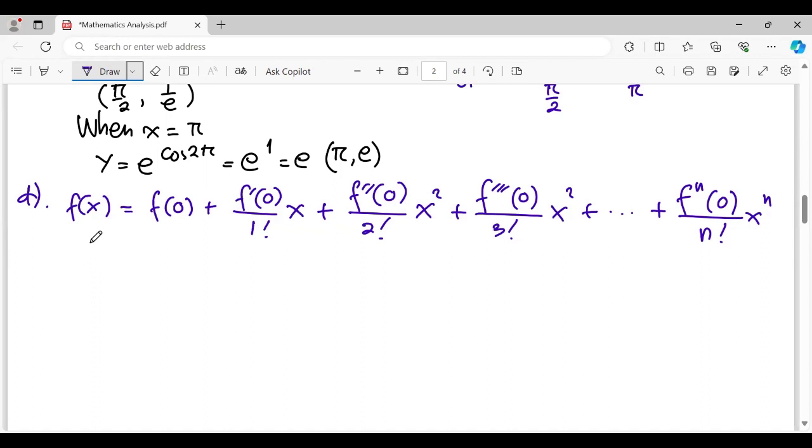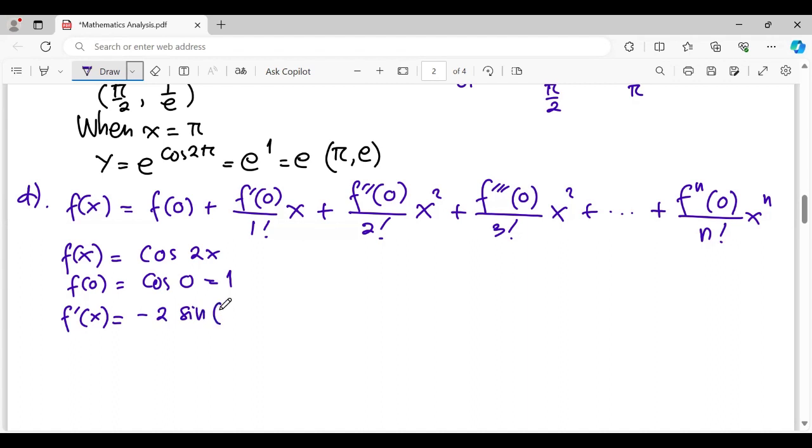Now I'm going to start with f(x) equals cosine 2x. So f(0) is cosine 0, which is 1. The first derivative of cosine 2x is minus 2 sine 2x. If x equals 0, it becomes minus 2 sine 0, which is minus 2 times 0 equals 0.